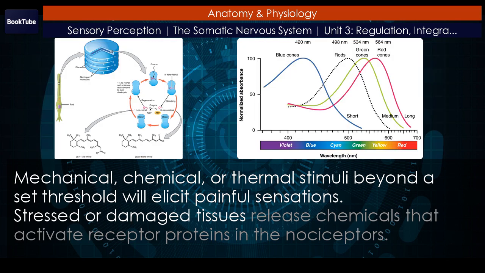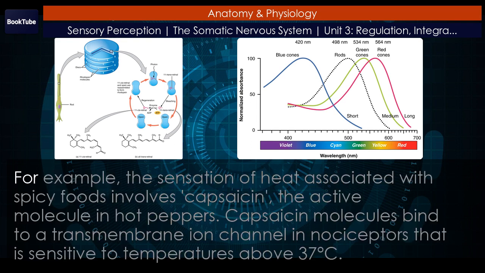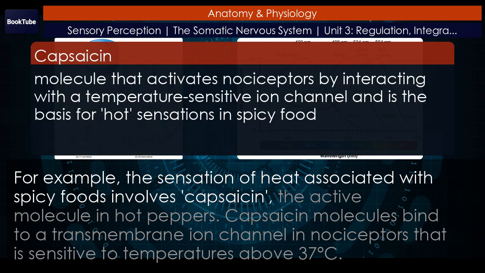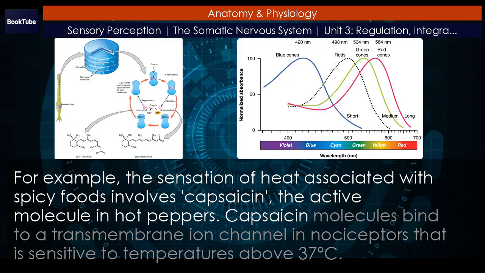Stressed or damaged tissues release chemicals that activate receptor proteins in the nociceptors. For example, the sensation of heat associated with spicy foods involves capsaicin, the active molecule in hot peppers. Capsaicin molecules bind to a transmembrane ion channel in nociceptors that is sensitive to temperatures above 37 degrees Celsius.